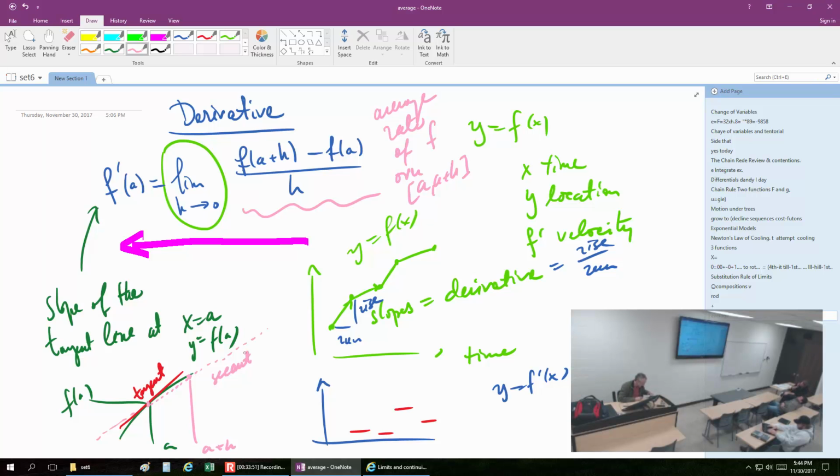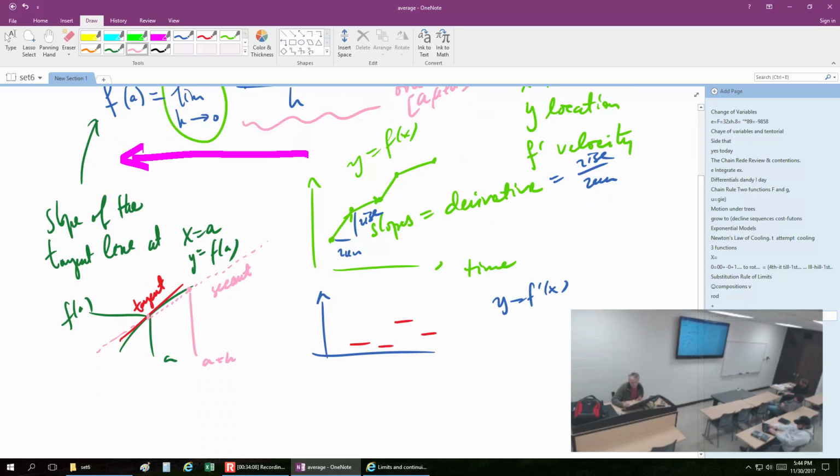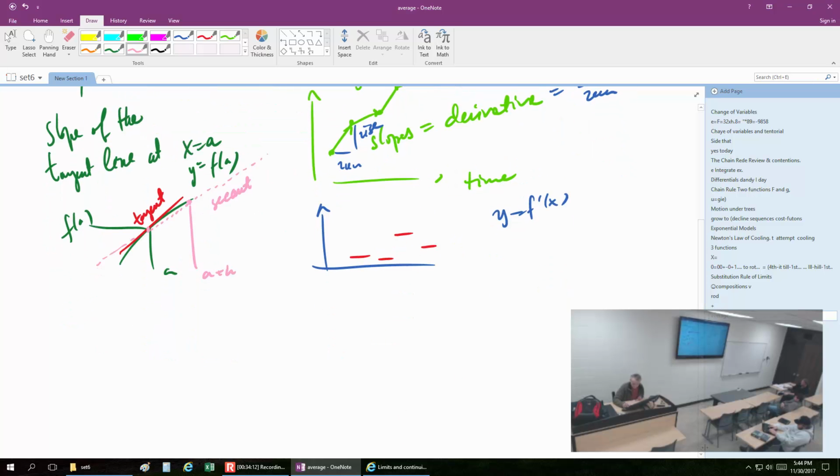an important concept, obviously. So instantaneous rate of change is what the derivative is. So remember that problem of how to estimate the derivative from nothing but the picture. How do we do it?